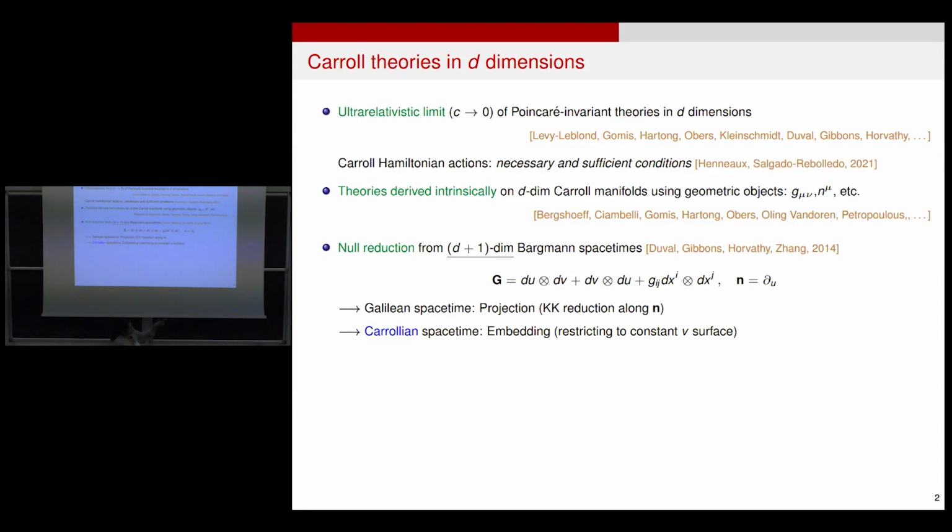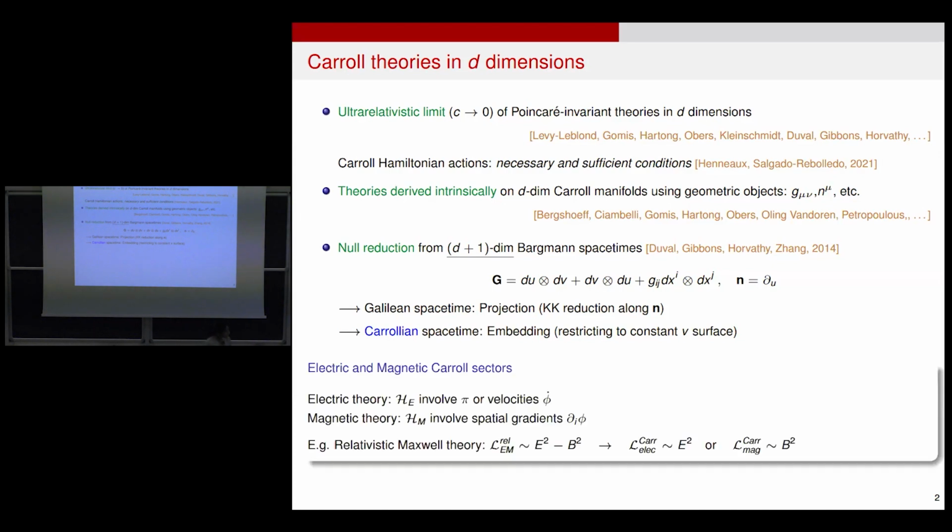And c goes to 0 is the Carrollian limit. Similarly, here there are two ways to get rid of this extra null direction, and one of these will get you to Carrollian spacetimes. So in this talk, we will use this null reduction method because the light cone Minkowski spacetime is a flat Bargmann manifold, as I will show you later.